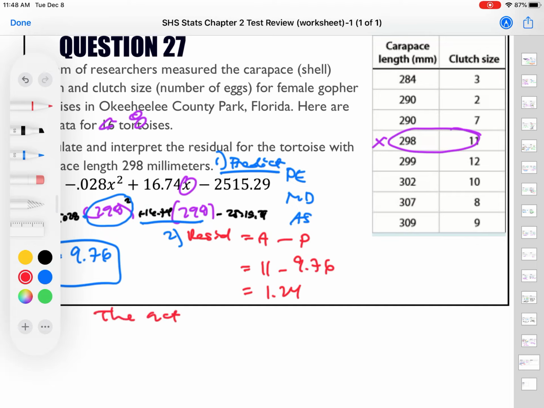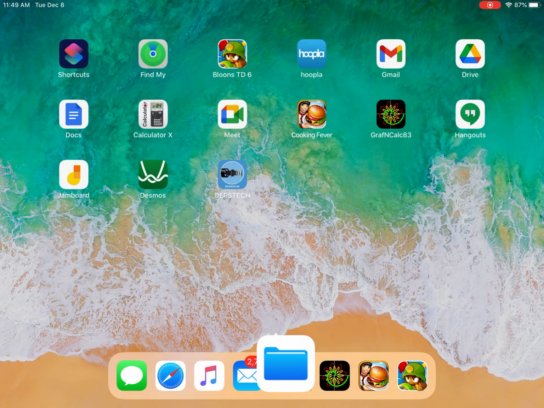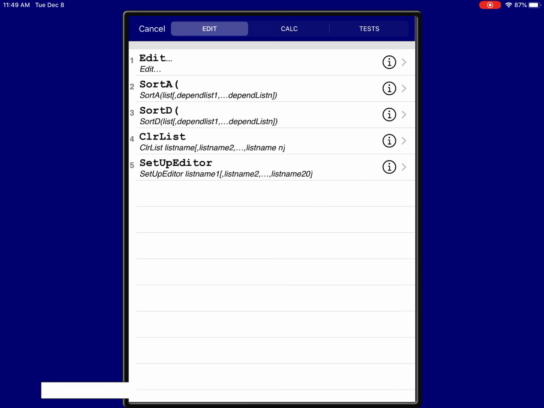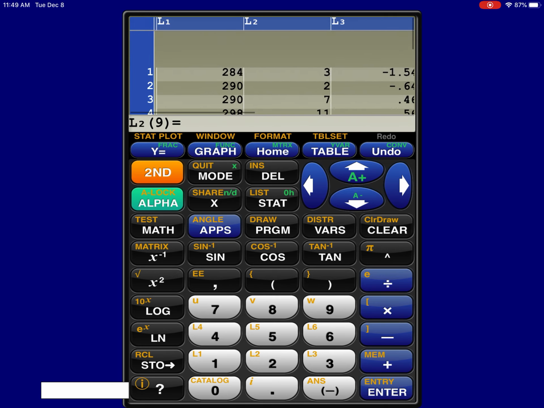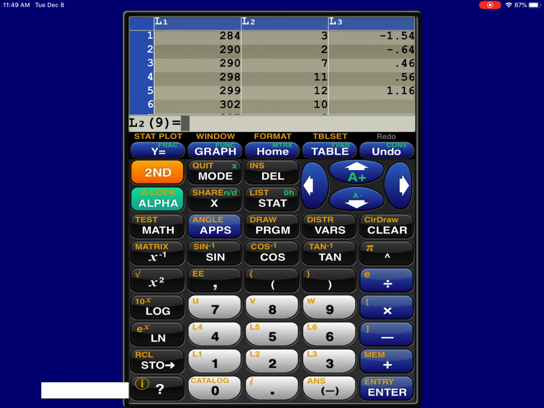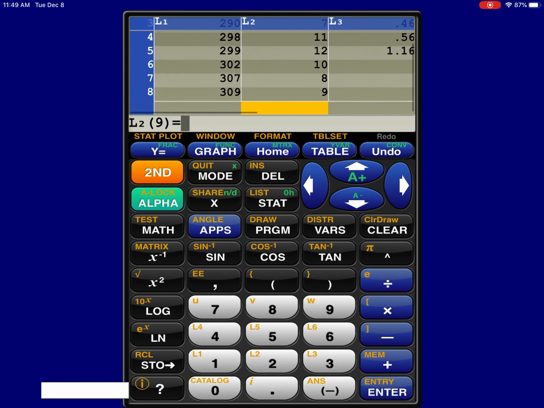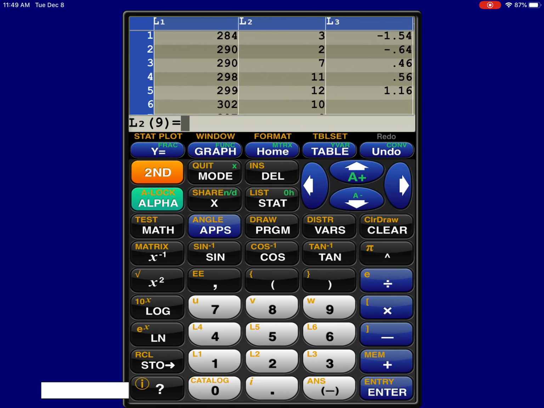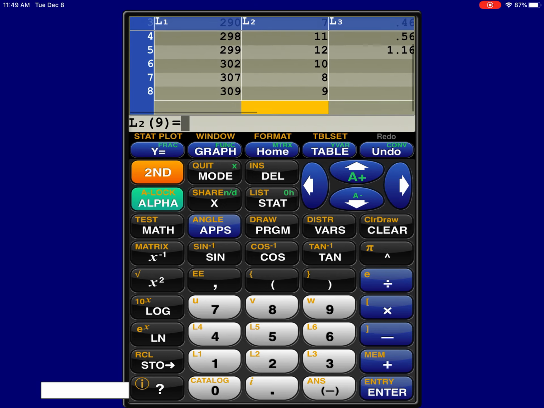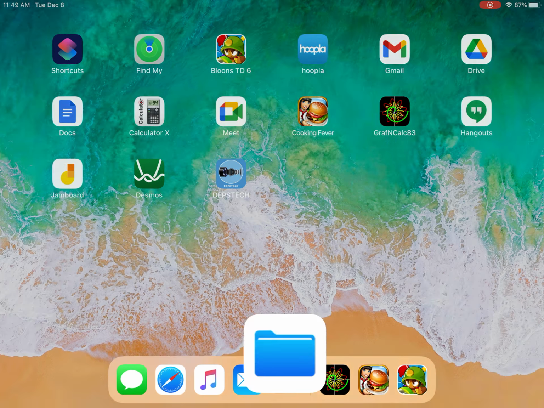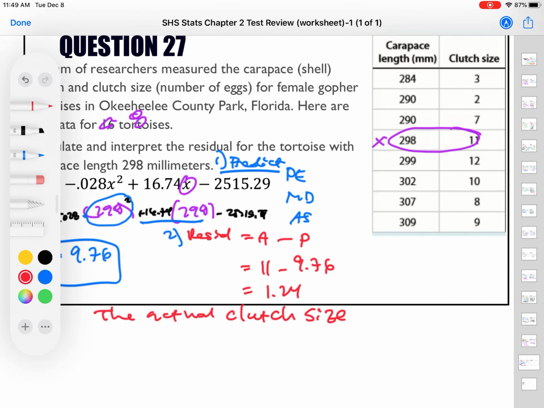The actual clutch size, double check all my numbers really quickly. 284, 290, 290, 298, 299, 302, 307, 309. 3, 2, 7, 11, 12, 10, 8, and 9. Well, that's what I got. So clutch size is 1.24 greater than the predicted.